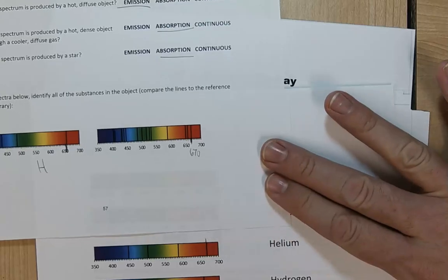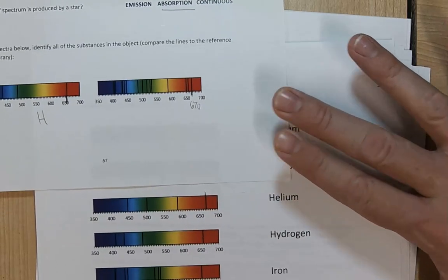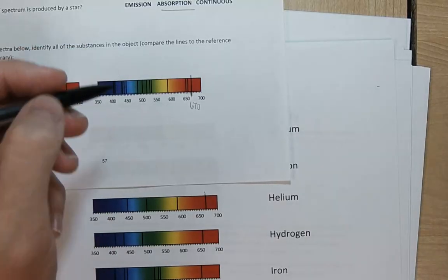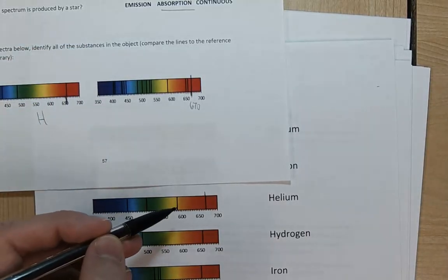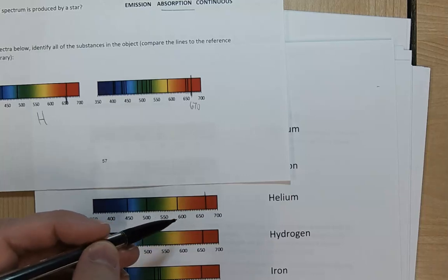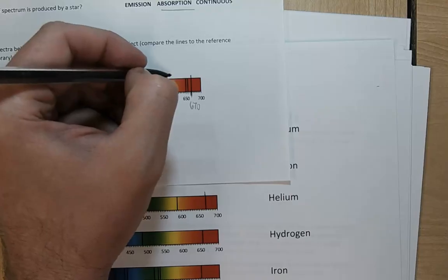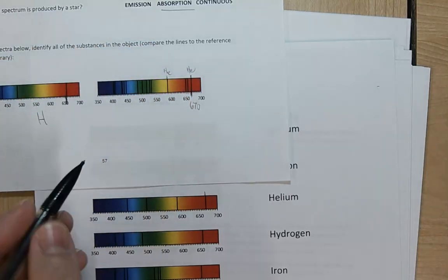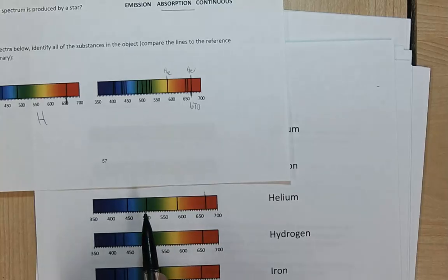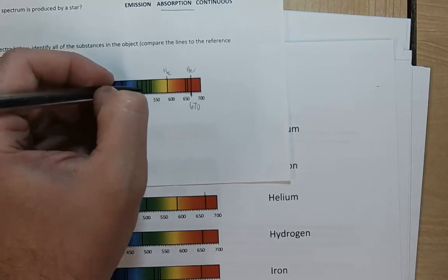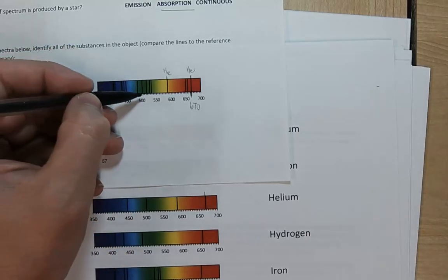All right. So this is helium. This line here, what is that? 590, it looks like. Yep. Sure enough, this one's from helium. This is from helium. The next line is at about 500, right there.